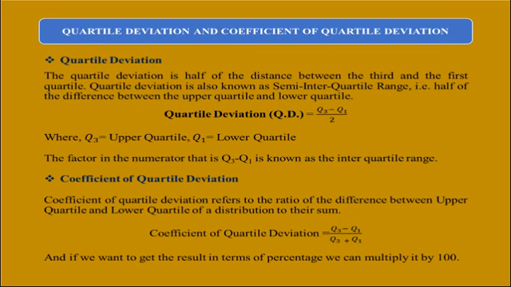The formula is: upper quartile minus lower quartile divided by upper quartile plus lower quartile. If we want the result as a percentage, we can multiply it by 100.